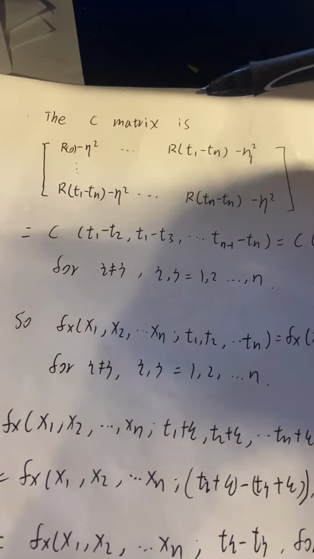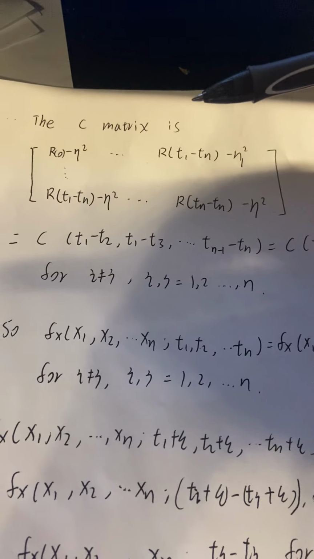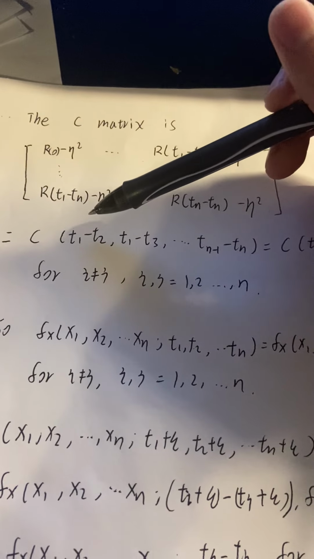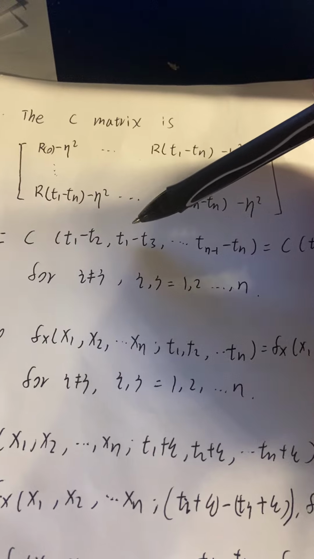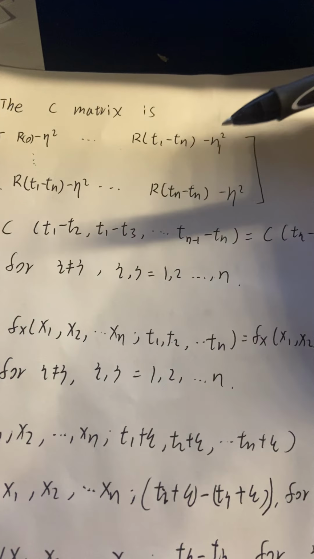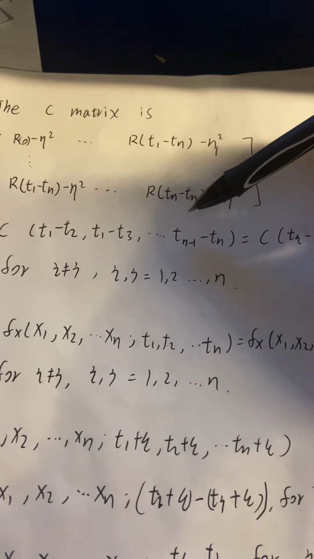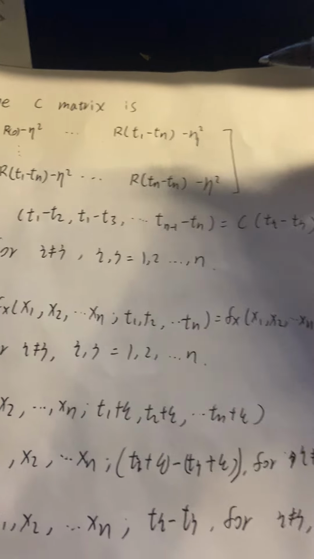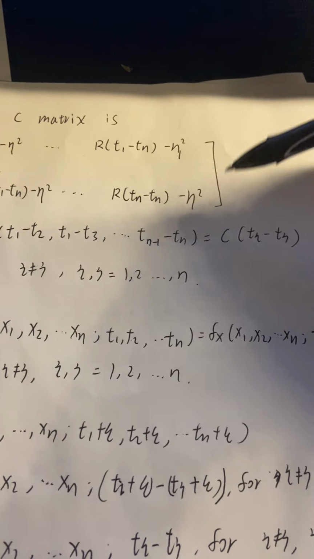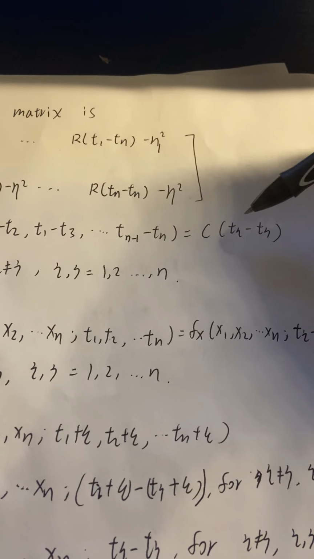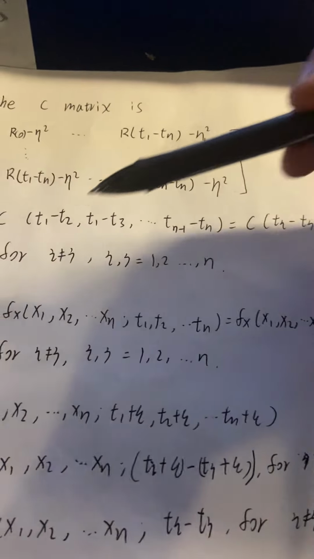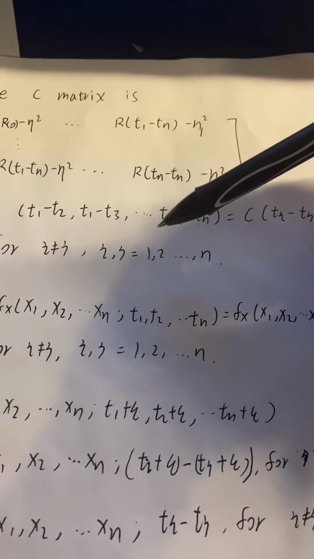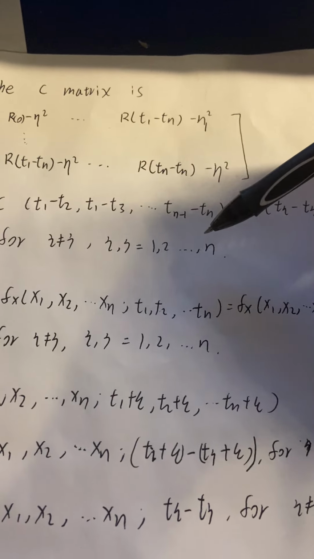So we can see C depends on t1 minus t2, t1 minus t3, and so on, up to t(n-1) minus tn. So we can rewrite it as C of ti minus tj, for i not equal to j, and i, j equal to 1, 2, and so on up to n.